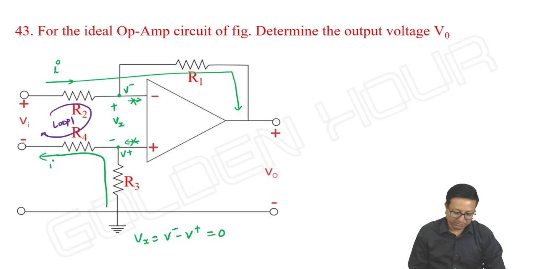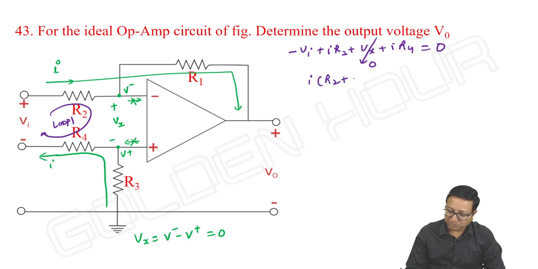What we can write? Minus Vi plus I into R2 plus Vx plus I into R4, sorry. Anyway, Vx is 0. So, I into R2 plus R4 is equal to Vi. Keep it aside.